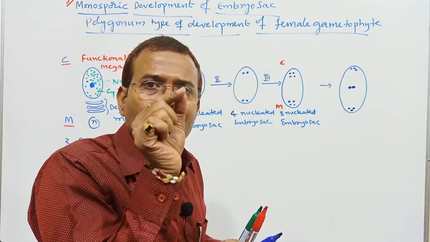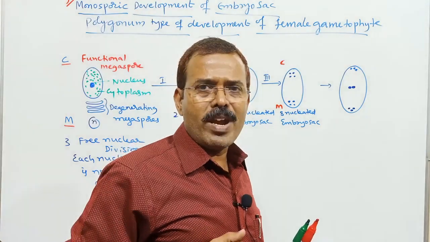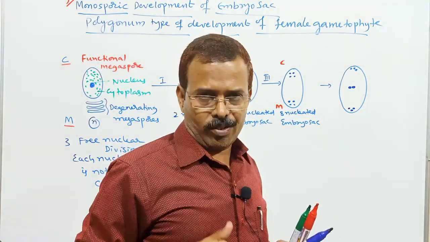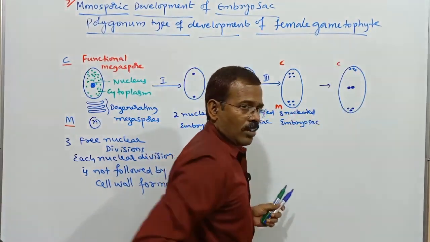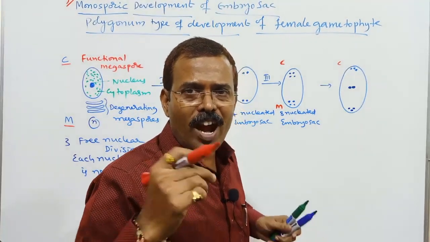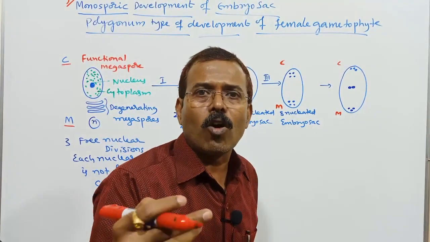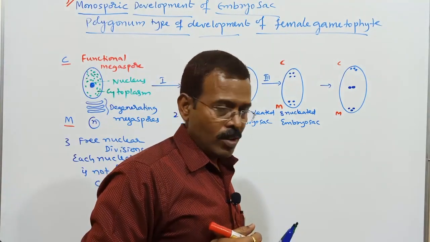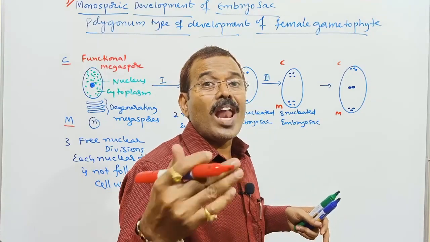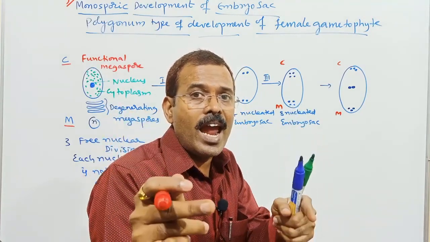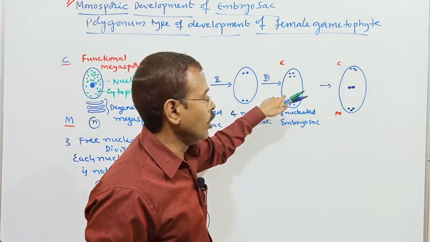There is cell wall formation around each nucleus, and there will be formation of different cells. Towards the chalazal end, we will see the formation of antipodals, and towards the micropyle, we will see the formation of the egg apparatus. And in the center, the nuclei can form polar nuclei. These nuclei have moved from the chalazal pole and micropylar pole toward the center.